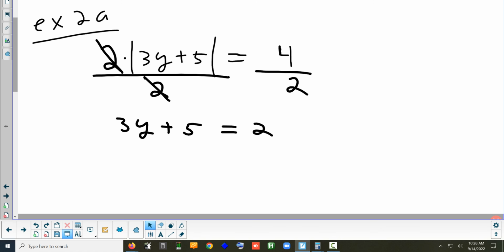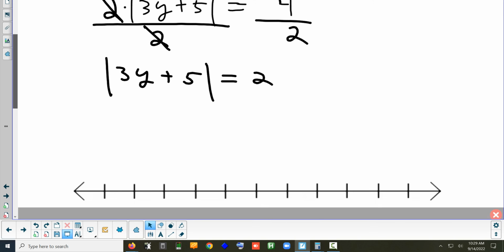What do we have above that we didn't copy down? Yeah, the bars. We didn't get rid of those yet. Now we're ready to get rid of them. But any question on why we had to divide by 2 first?